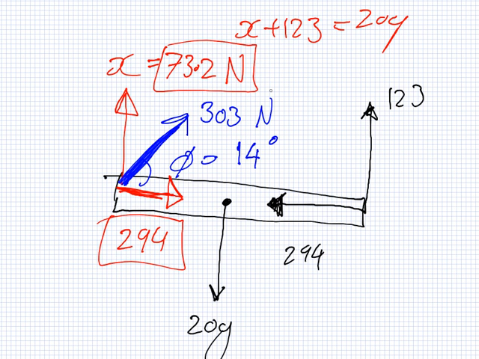Pythagoras: this one squared plus this one squared. Sorry, what's the angle? 14. How did I get it? Tan inverse 73.2 over 294. You know this. Don't you?